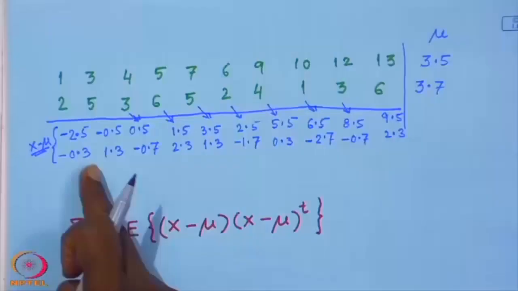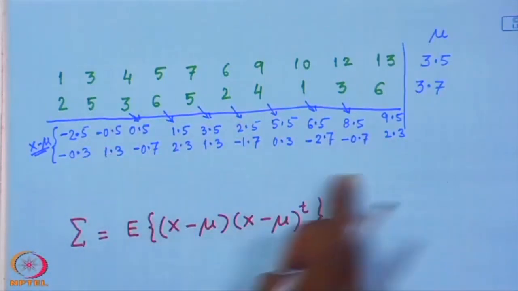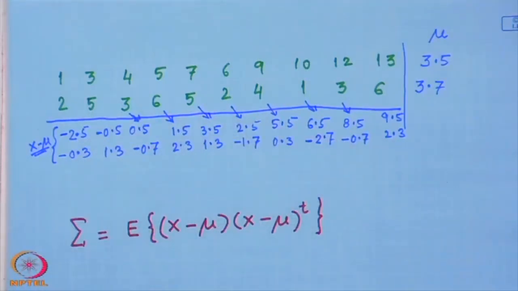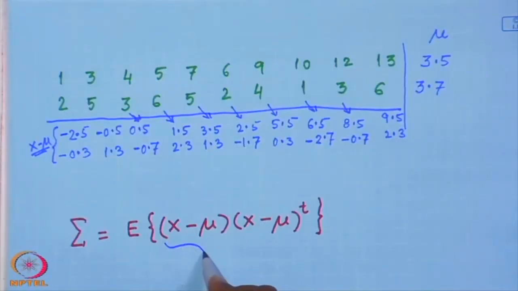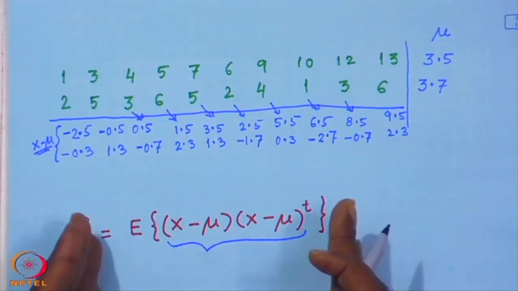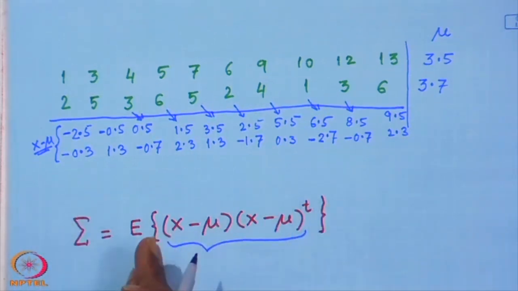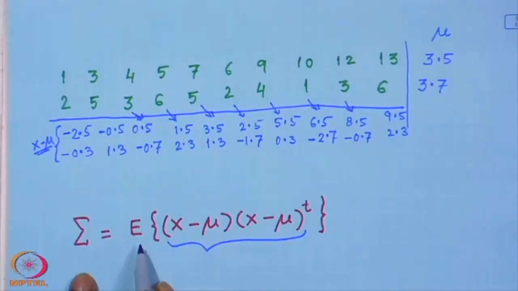And then for each of these vectors, after subtraction of the mean vector, I have to compute the x minus mu into x minus mu transpose. And then I have to take the average of all those matrices which I get, that gives me the expectation value of x minus mu into x minus mu transpose, which is nothing but my covariance matrix.